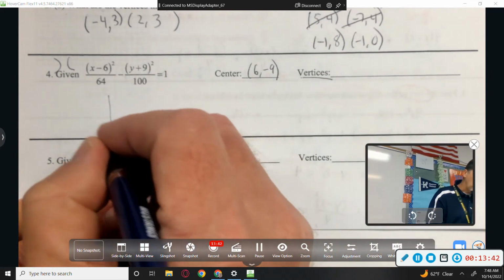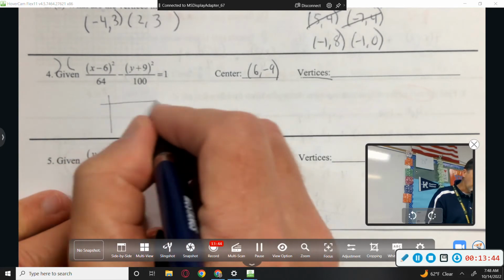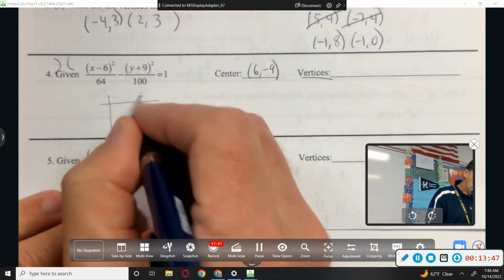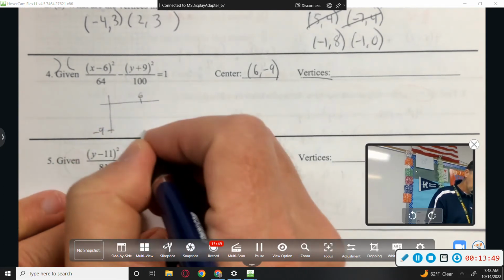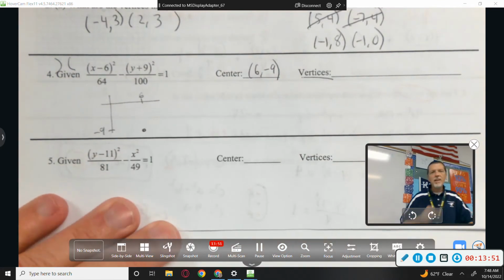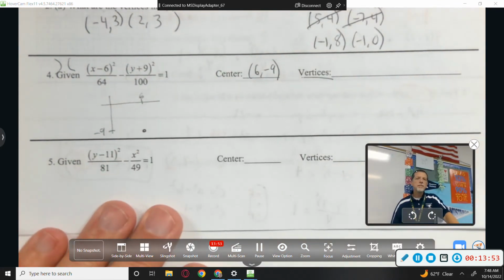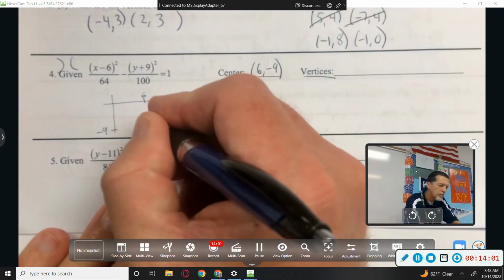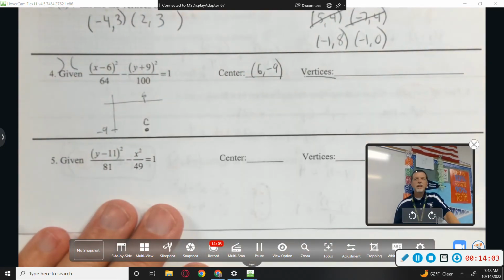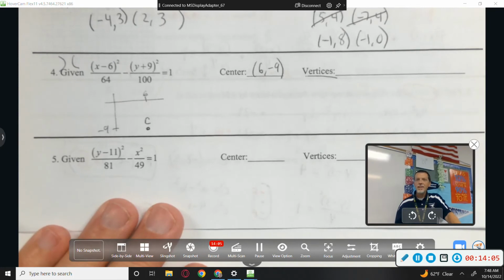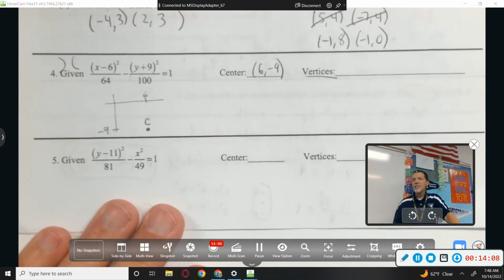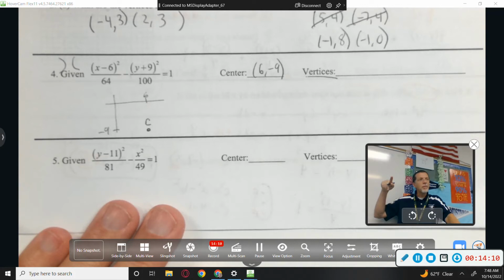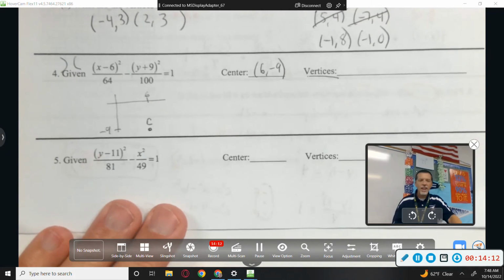I'm going to do at least a little rough sketch here. So there's my 6, -9. How am I going to find the vertices? Where are they going to be relative to my center? Good. Well, be careful, just 8 left and right. The 10 up and down would help make the box, but for the vertices, I just need the 8 left and right.